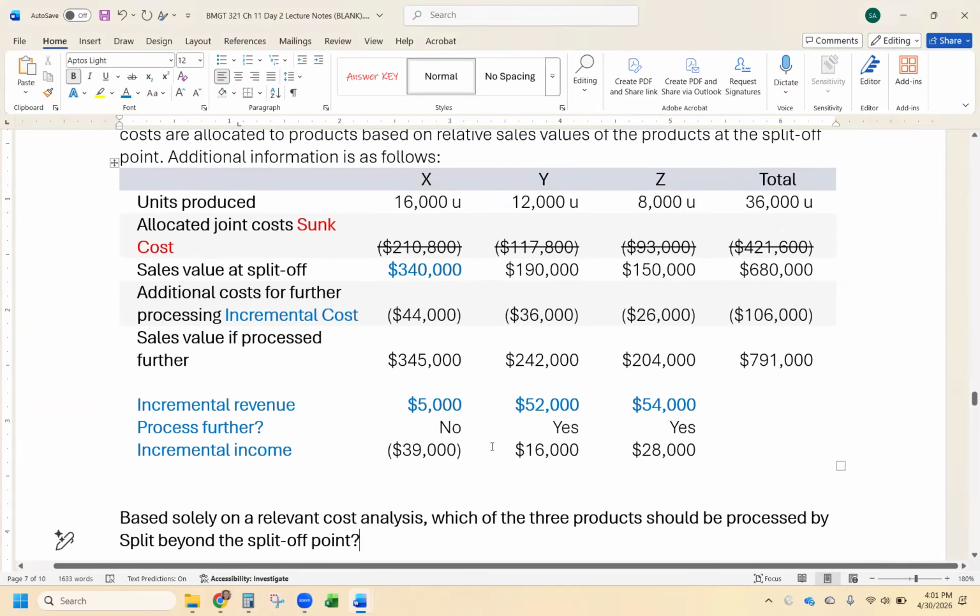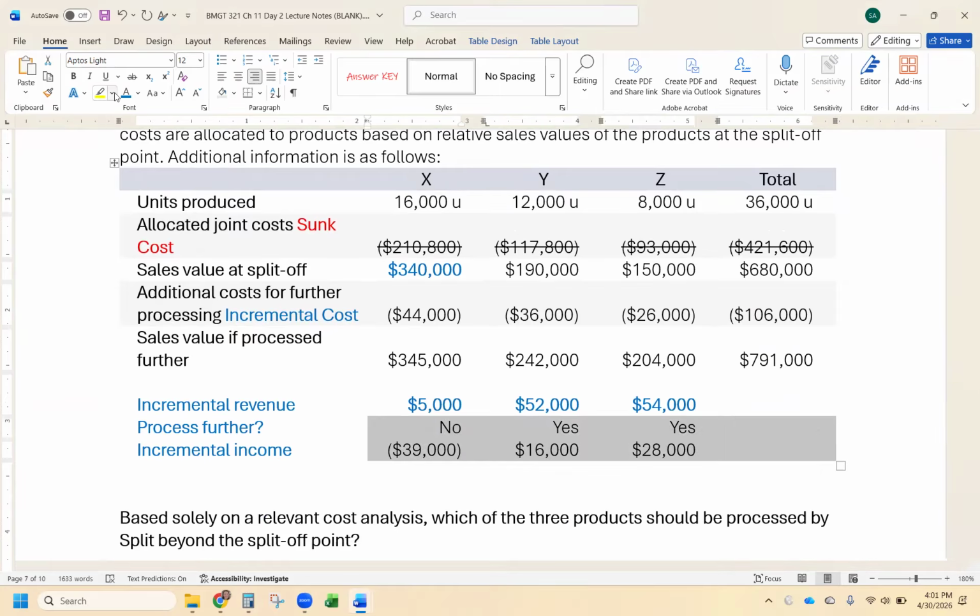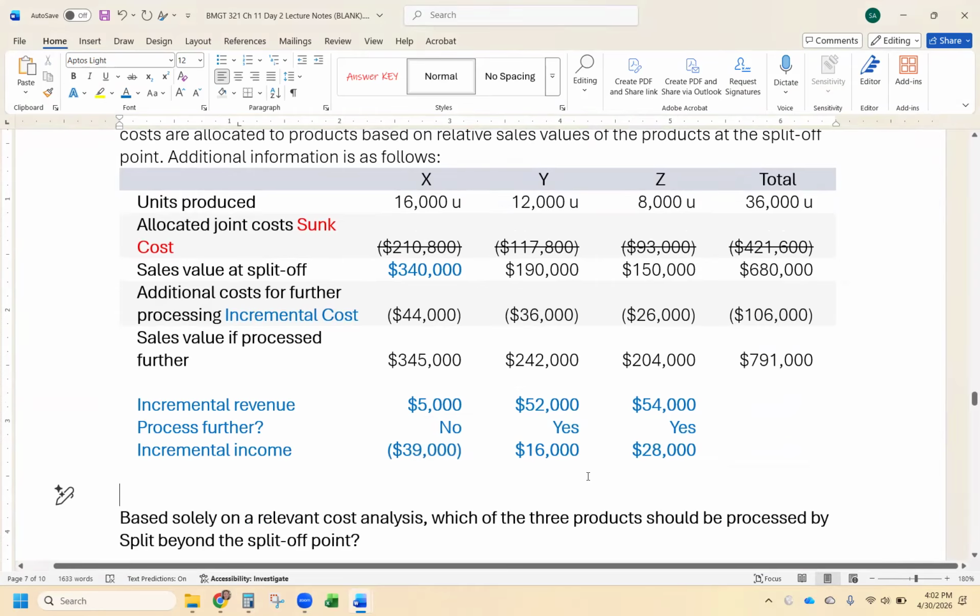The question down below says, based solely on the relevant cost and revenue analysis, which of the three products should be processed further beyond the split-off point?